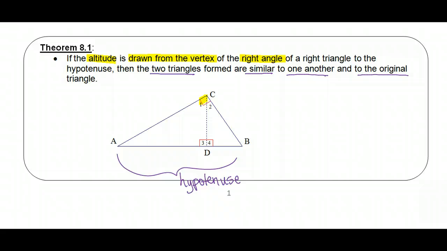Why are they all similar to each other? They all have a right angle: a right angle here, here, and here. So each one of them shares one pair of congruent angles. But what else? They all share a side. We're saying they're similar, not necessarily congruent, the angles.